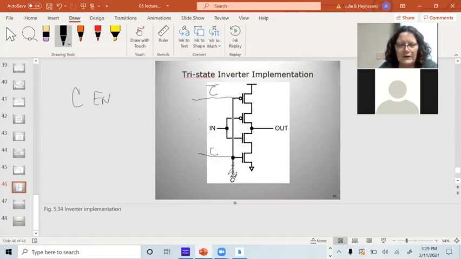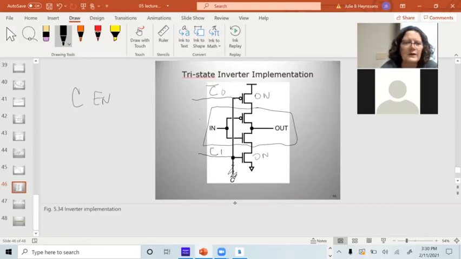So that is C not. Now, if C is high, I turn this transistor on and I turn this transistor on. It looks just like a standard inverter there in the middle. In that case, out equals not in.